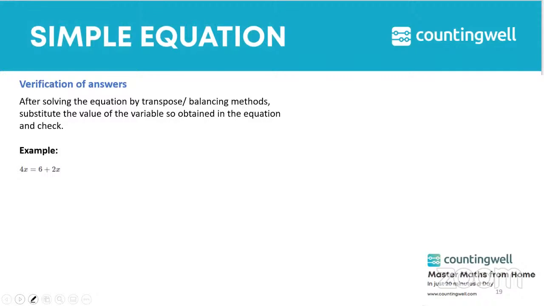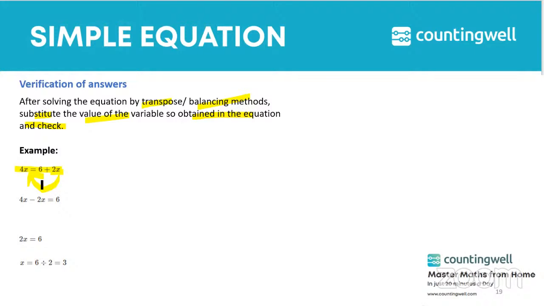Verification of the answer after finding the solution of any equation is very important. So whether you use transpose method or balancing method, you should resubstitute the value so obtained in the equation and check. For example, suppose you have solved this equation. Okay, so let us solve this equation. Here which method is used? Here we are using transpose method because we are transposing 2x to the LHS.